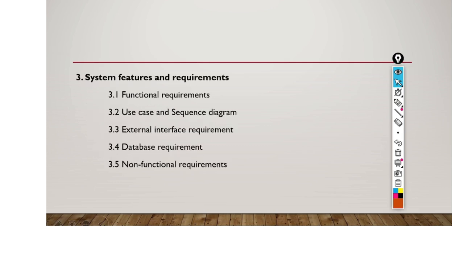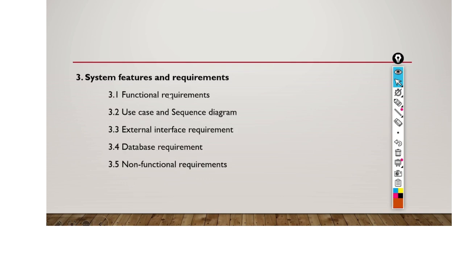And then finally, we have system features and requirements. Here we define the functional requirements and non-functional requirements, the diagrams that we are taking, like use case diagrams, class diagrams or sequence diagrams, the external interface requirements, and the database that we are taking.